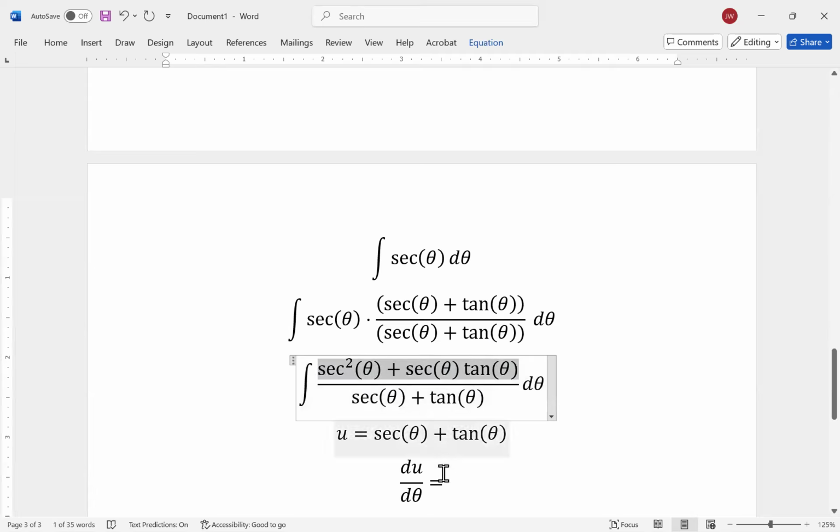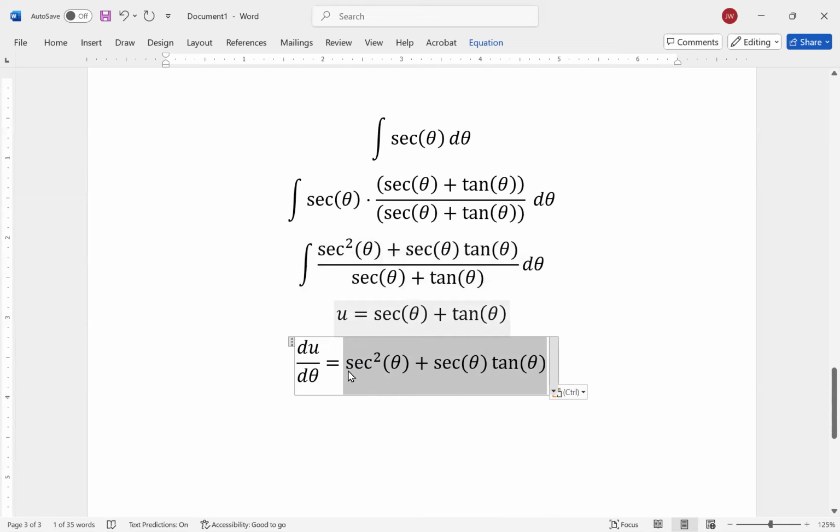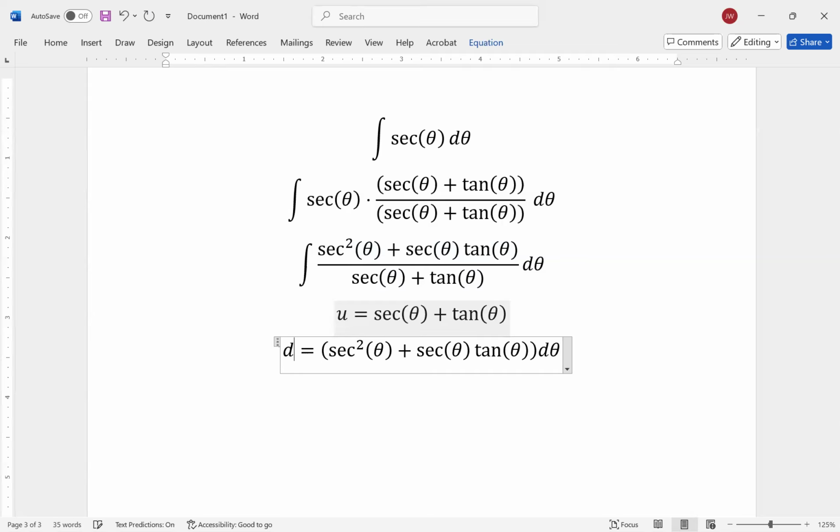So notice that the derivative is exactly what you get as the numerator of this fraction. And so if we take the numerator of that fraction and multiply it times my d theta, that all can be replaced with a du.